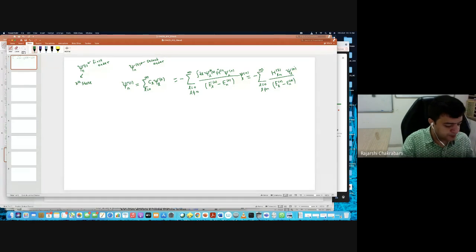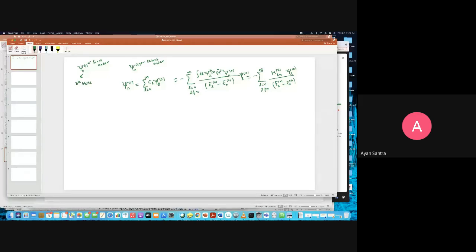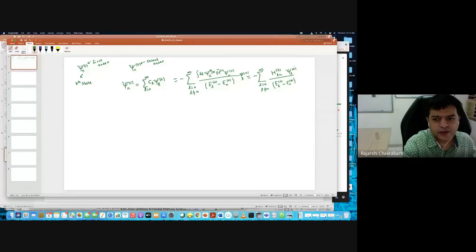Now, why did I say there is no l equal to n term in that sum? It is not like the term C_n will be 0. You can include it, but it will be taken care of when you normalize the function, isn't it? Ideally, you should also have C_n psi n, but you have psi n on the left hand side.